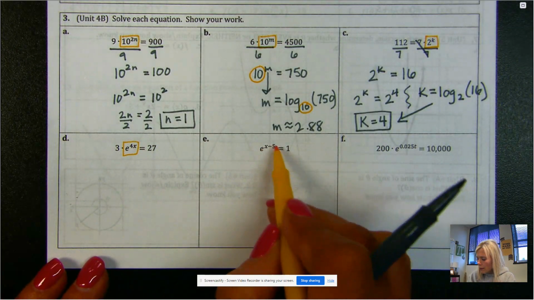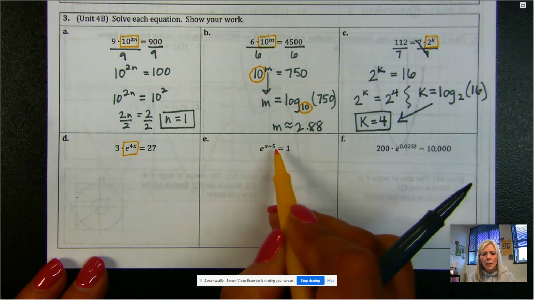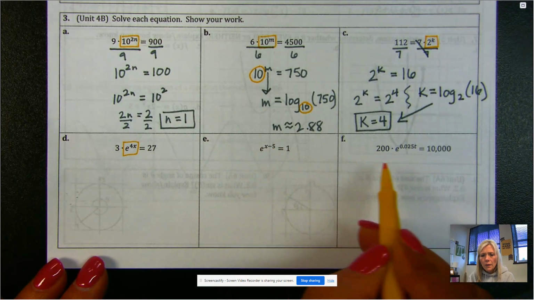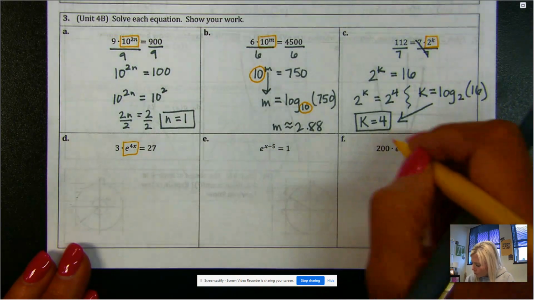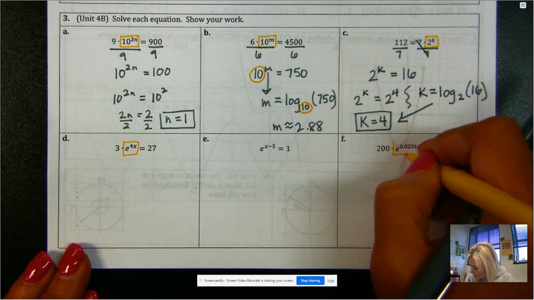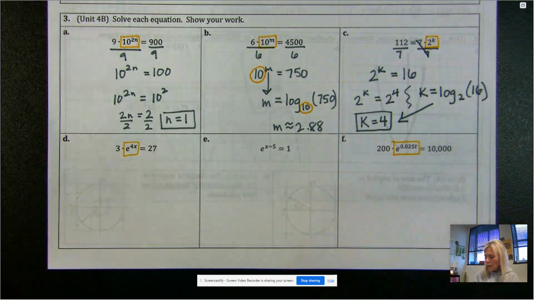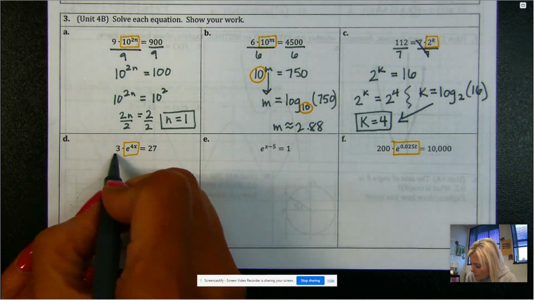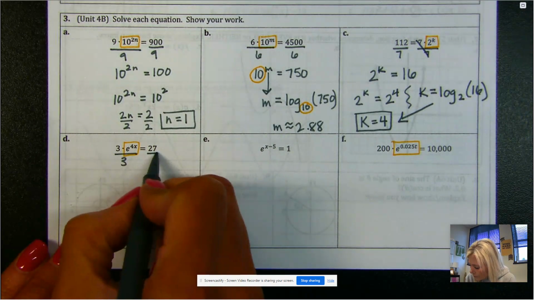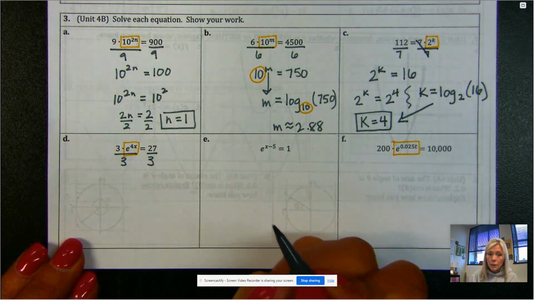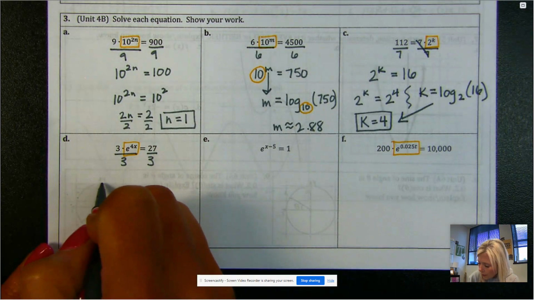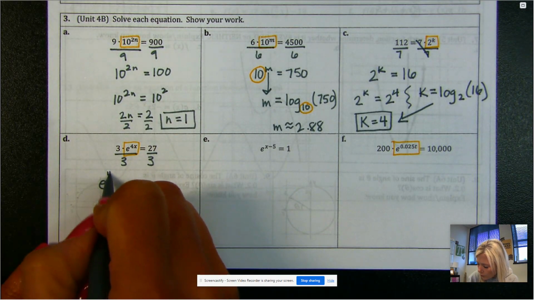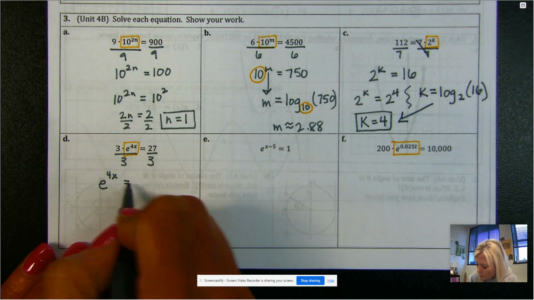This is already isolated. X minus 5 is the exponent. We'll get to that one in a moment. And then over here on F, we have to isolate as our first step. So divide by 3, right? And 27 divided by 3 is 9. So we have e to the 4x equals 9.